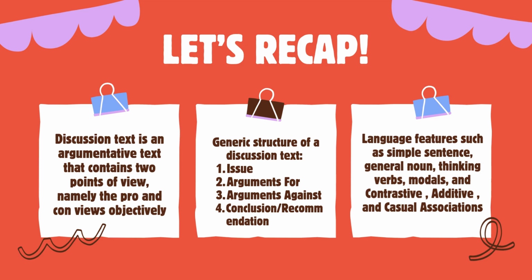And the generic structure of a discussion text is issue, arguments for, arguments against, conclusion or recommendation. And the language features are simple sentences, general nouns, thinking verbs, modals, and contrastive, additive, and causal associations.